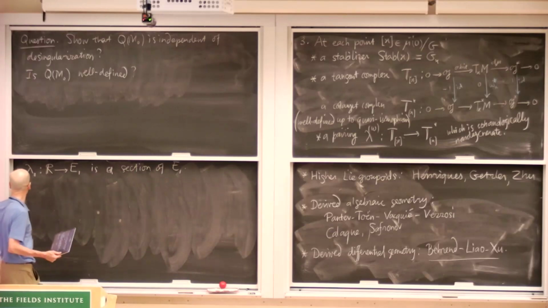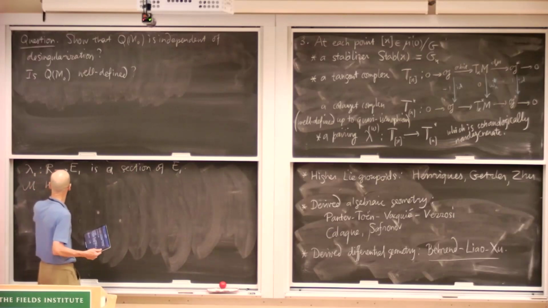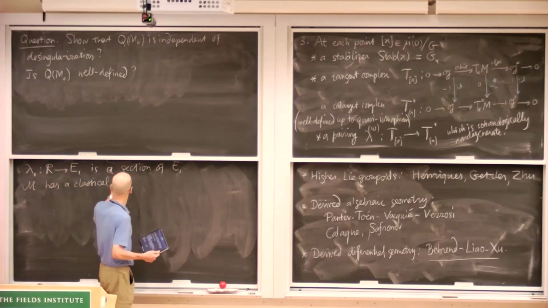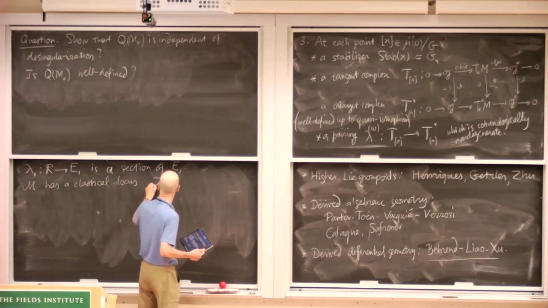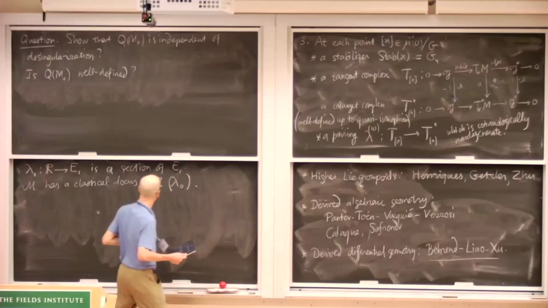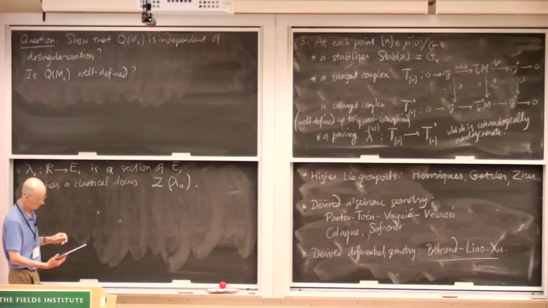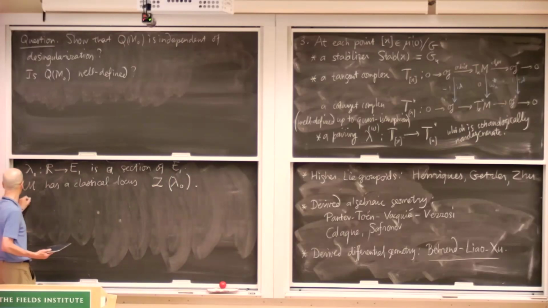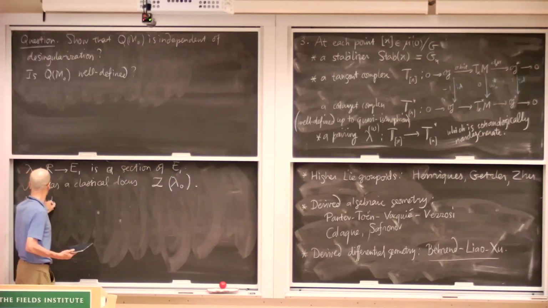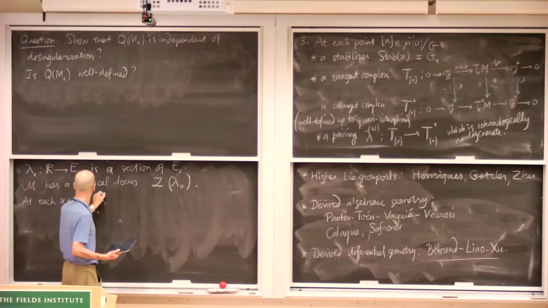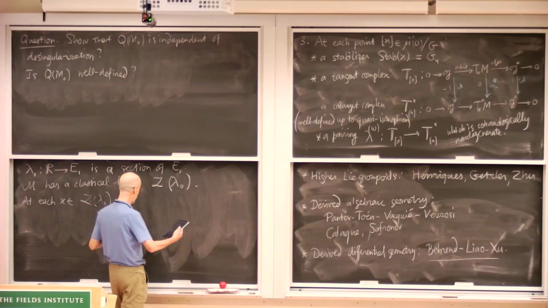So a derived manifold has a classical locus, the zeros of that section. And at each point in the classical locus, there's a tangent complex.